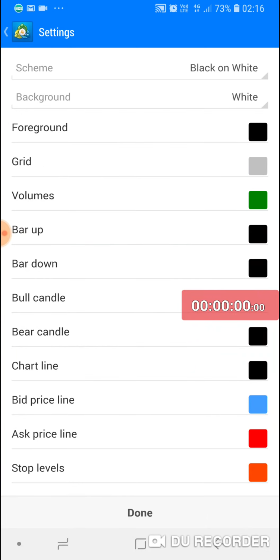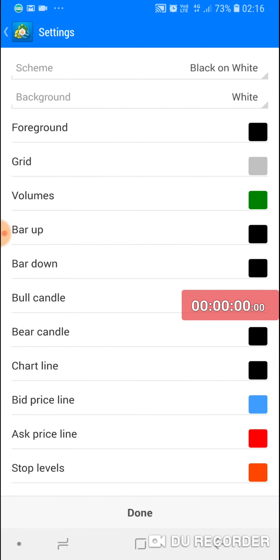Bear candlestick red. Okay, very well. It's almost done. The background, I'm going to make it black. Let me continue setting it. Yes, done.